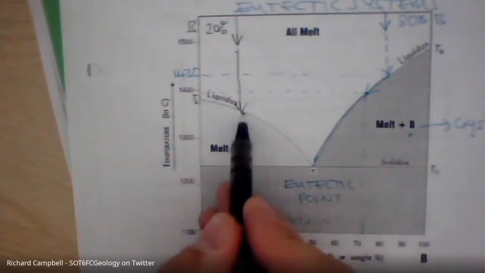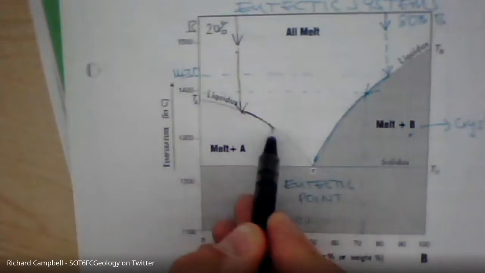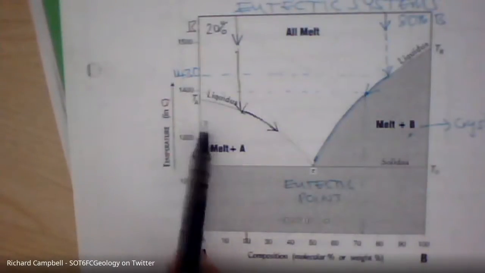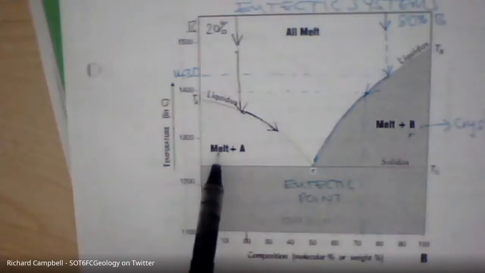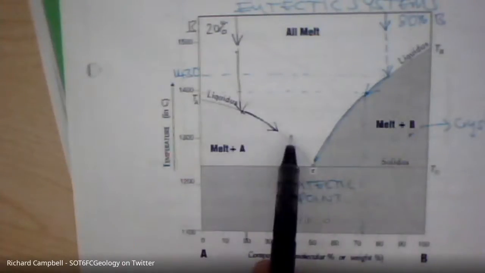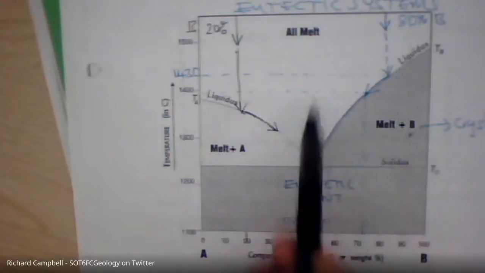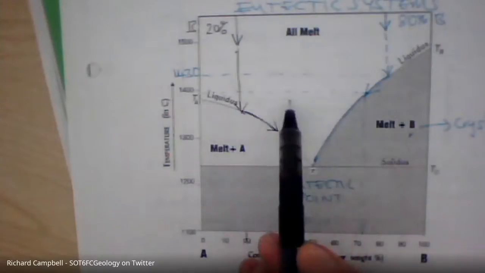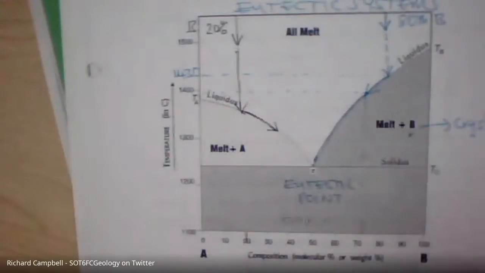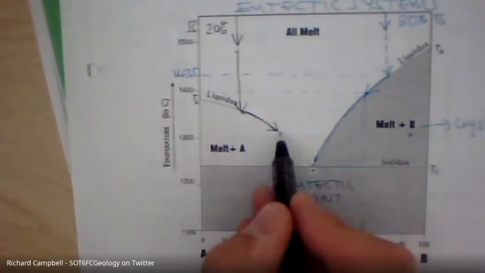Now what happens here is, because we're on this side of the eutectic diagram, mineral A will crystallize out. That means our melt becomes depleted in mineral A, and the proportion of mineral B will increase.